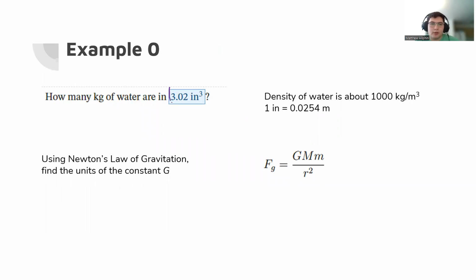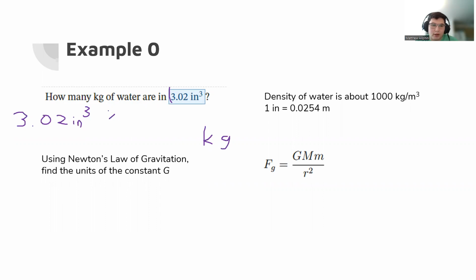I hopefully you remember this problem and know how to do it. But basically, this is the process that I follow. I start with, this is what I'm starting with: 3.02 inches cubed of water, and I want to end up with kilograms at the end.